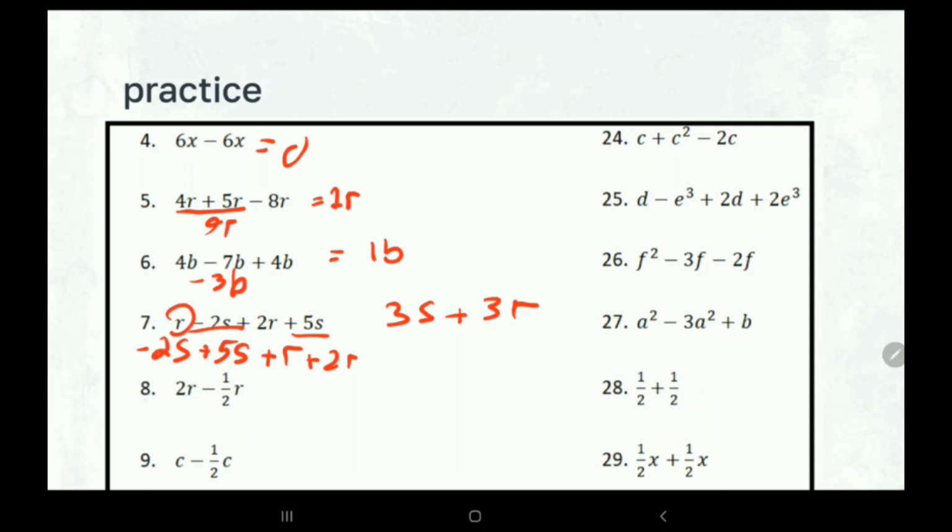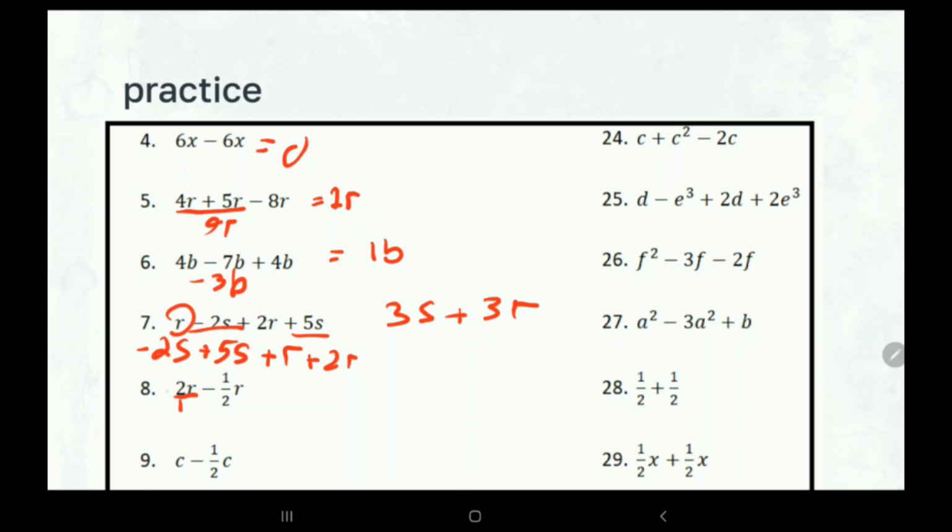Okay, so question number 8. 2r minus 1/2 r. In this case we will have to make the denominators the same. We know that 2r means 2 over 1 times r. We want to make the denominator the same as 1/2, so we want the denominator to equal 2.